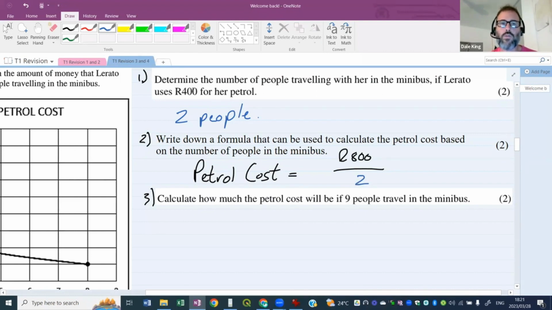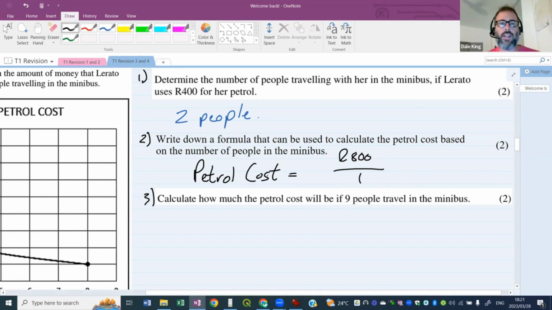And that's what question 1 said, 400 petrol, and we got an answer of 2 people. So it does work. It also works if we start off with just 1 person. Okay, so if you take the 800 Rand for the minibus and divide it by 1, that'll cost you 800 Rand because you're only 1 person. Okay, very good. So our formula works.